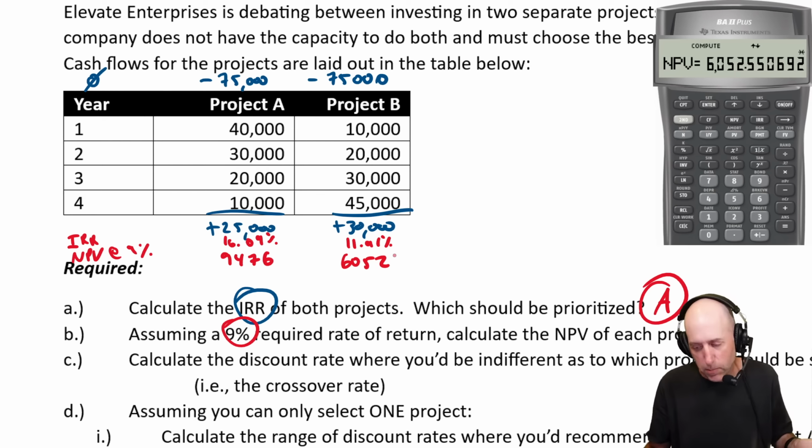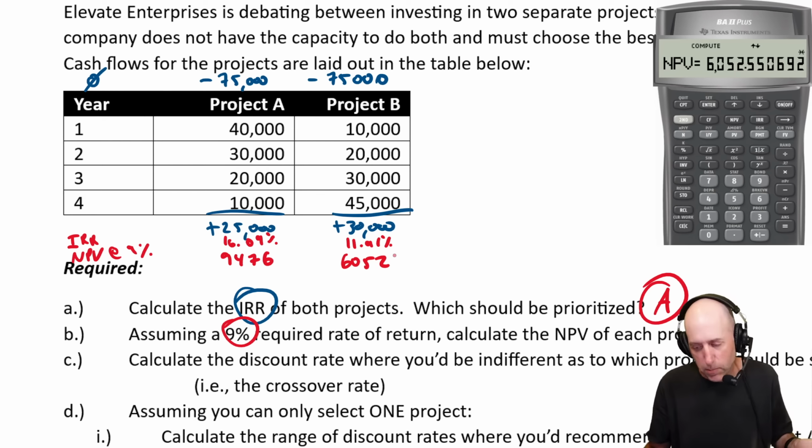So now the $1 million question, the whole purpose of this question was a little bit of practice for net present value and IRR, but what is the discount rate where you'd be indifferent between the two? The way you figure this out, you just figure out the differences between the two.